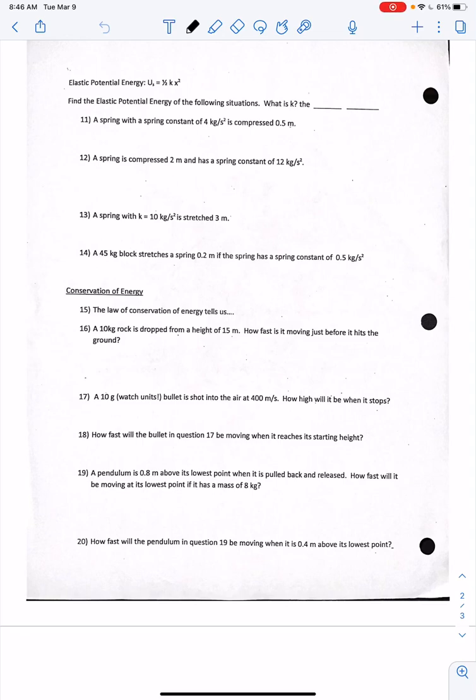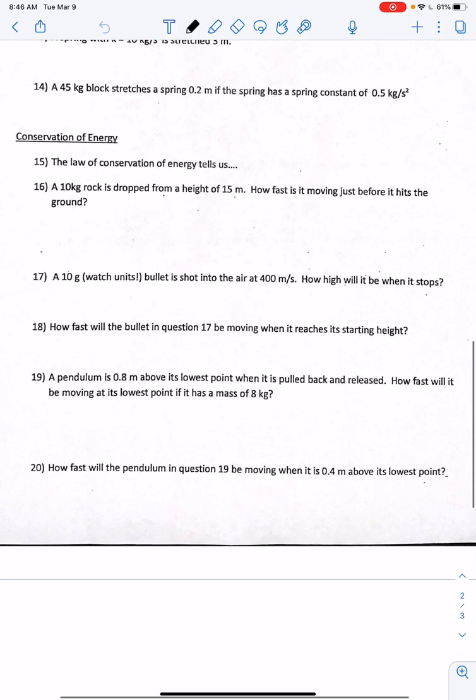All right, so I want to make a little video help going over the end of this worksheet. First off, on number 15, it says the law of conservation of energy tells us a couple things. One is that energy cannot be created or destroyed.